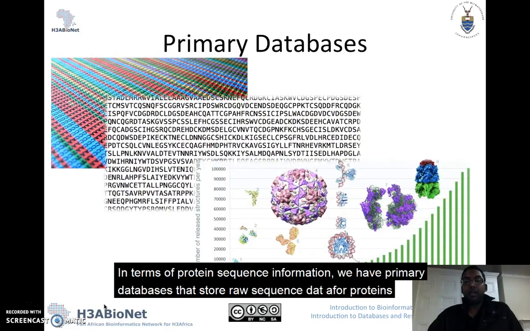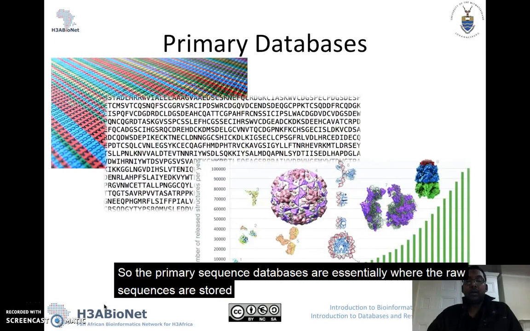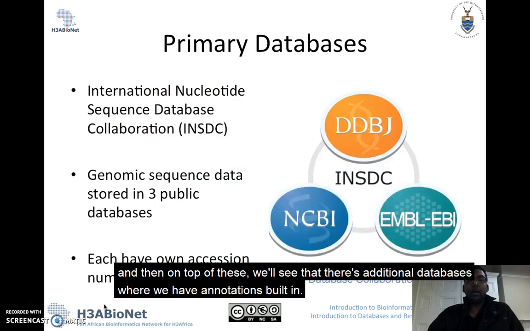In terms of protein sequence information, we have primary databases that store raw sequence data for proteins, as well as structural information for proteins where the structure has been solved. So the primary sequence databases are where the raw sequences are stored, and then on top of these, we'll see that there are additional databases where we have annotations built in.